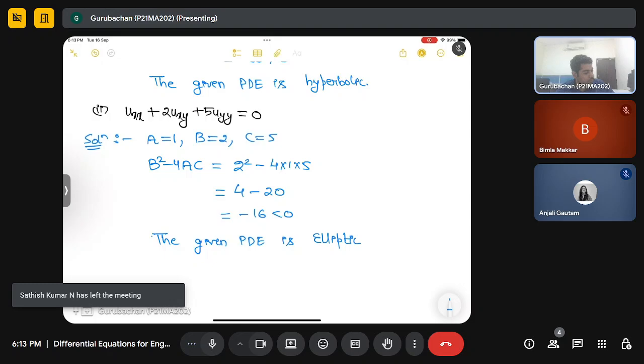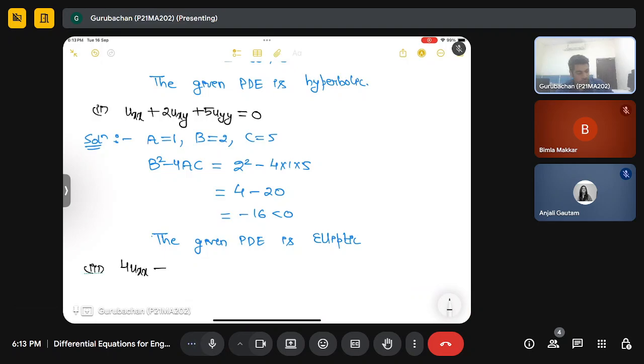Next is the third, 4 uxx minus 12 uxy plus 9 uyy is 0. So here the value of A is 4, value of B is minus 12, value of C is 9.